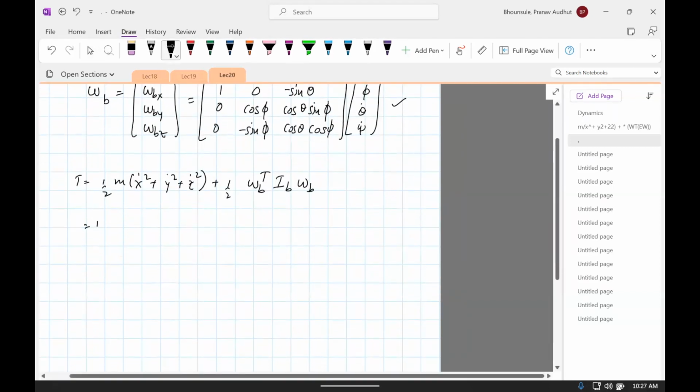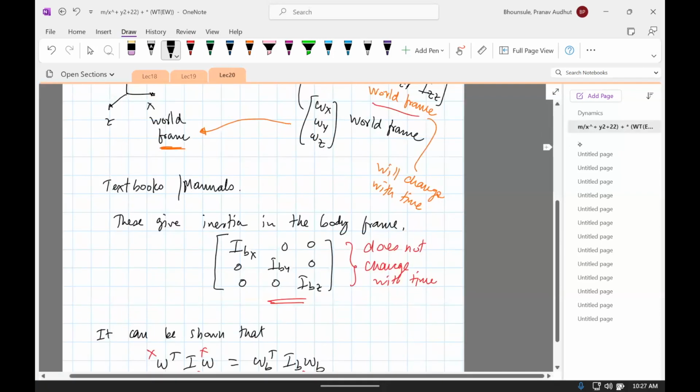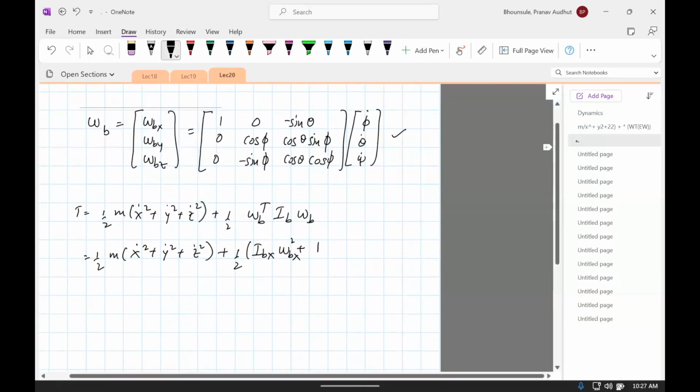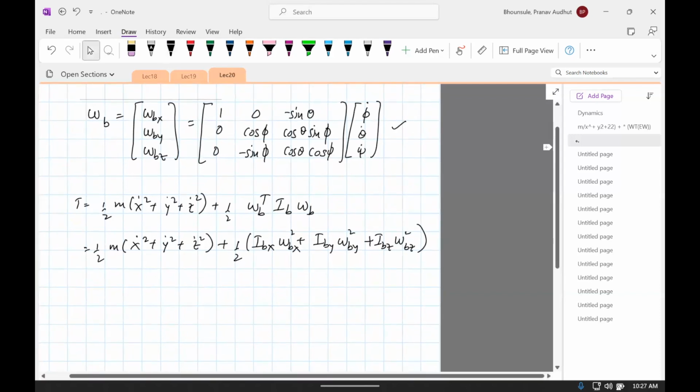And this could actually be as simple as half m x dot square plus y dot square plus z dot square plus half IBX omega bx square plus IBY omega by square plus IBZ omega bz square. So it's much simpler than that complicated one with world frame.